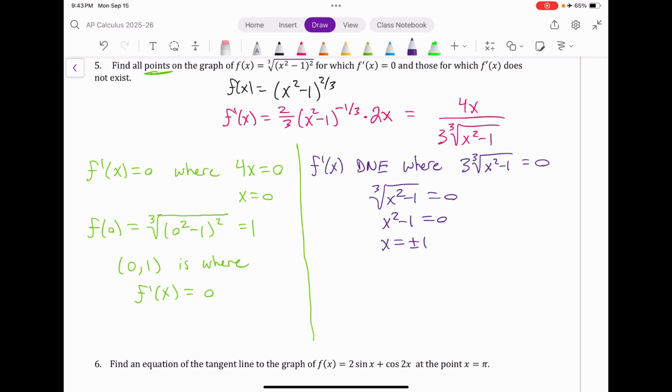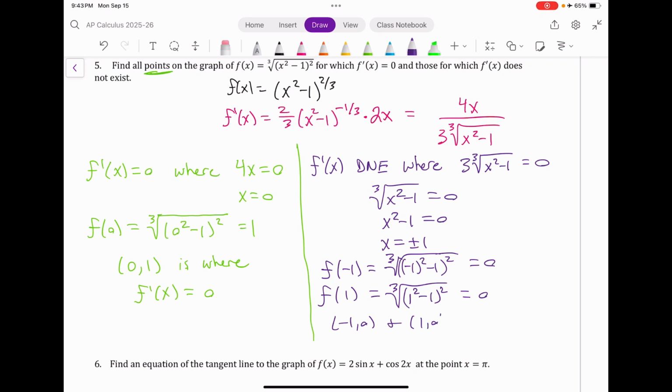And so we want to plug f of -1 and also f of 1 into the original function. When you do that, you get 0. And if you do the same thing for 1, you also get 0. So (-1, 0) and (1, 0) are where the derivative does not exist.